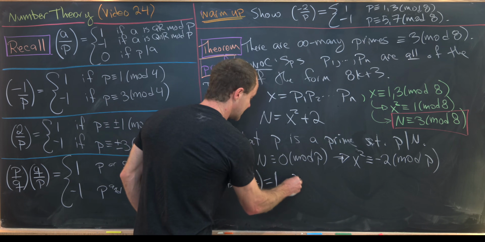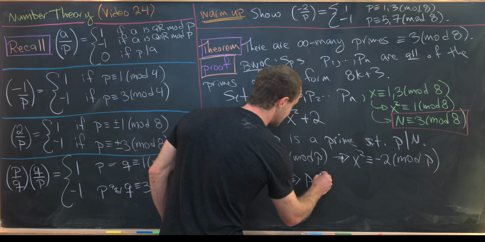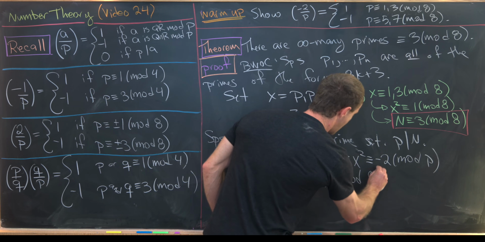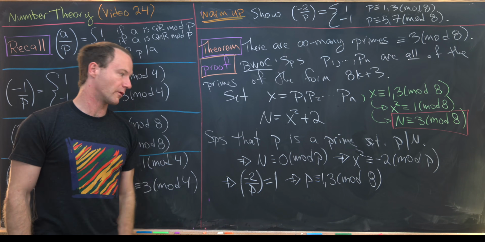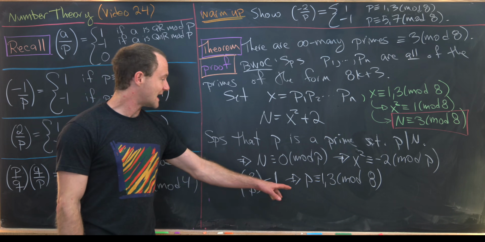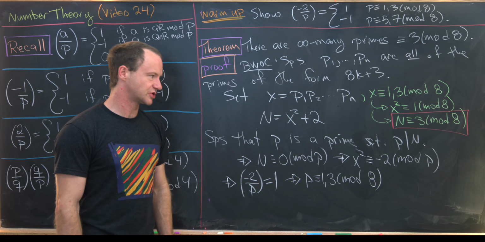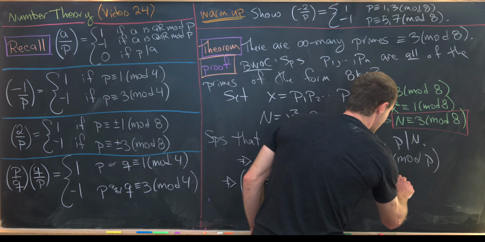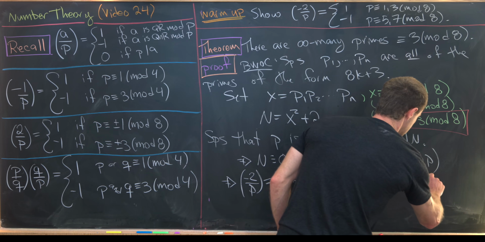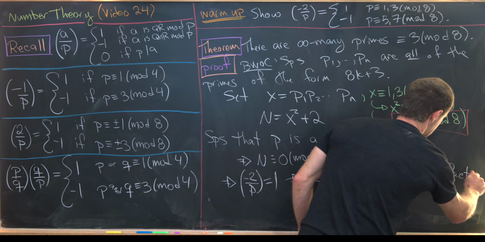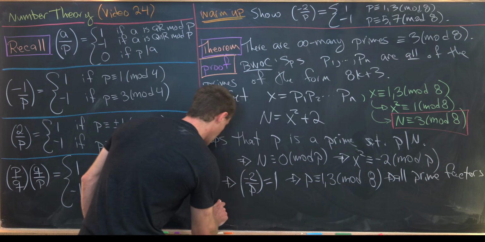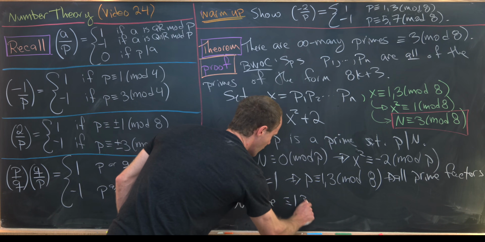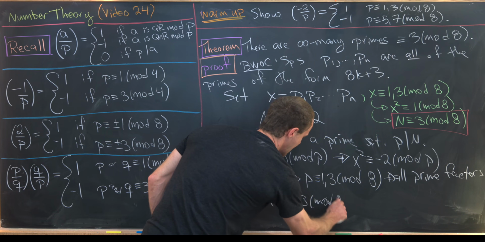But now let's notice that that means p is either congruent to 1 or 3 mod 8. And that's by this warm-up exercise up here. But now since this p was an arbitrary prime divisor of n, that means that all prime factors of n are congruent to 1 or 3 mod 8.